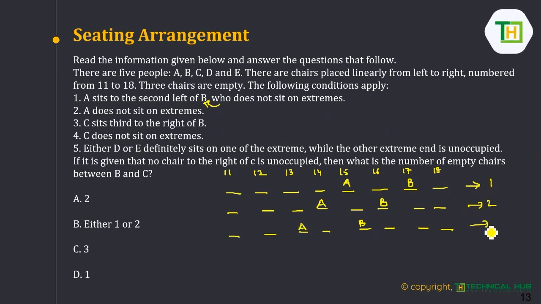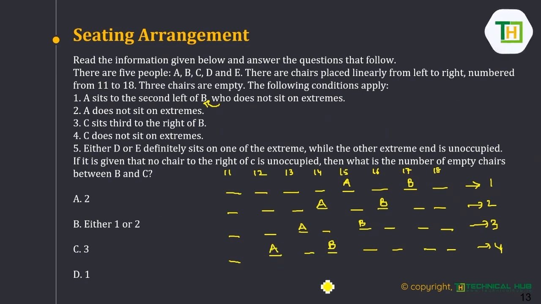This is the third possible way. And next, I take B position as the 14th. 1, 2, 3, 4, 5, 6, 7, 8. So the fourth possible way: B position is 14th means A position is 12th position.